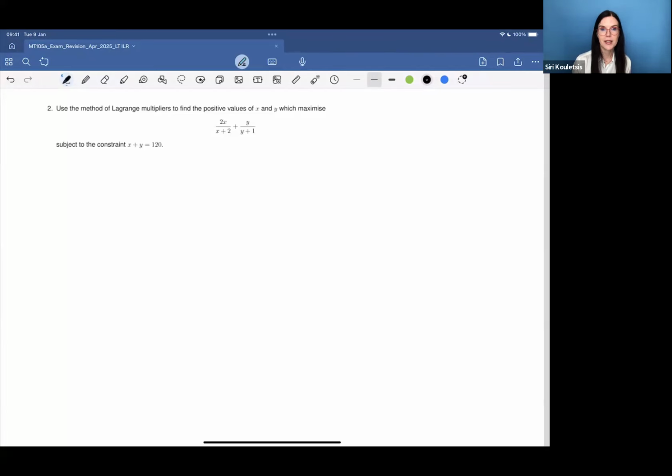So take a few seconds to think about how do we construct the Lagrangian and what is the system of equations that we need to solve. And I'm going to do it in just a moment. Okay, so the Lagrangian starts with, you write down the expression that we are maximizing, or minimizing if we were minimizing.